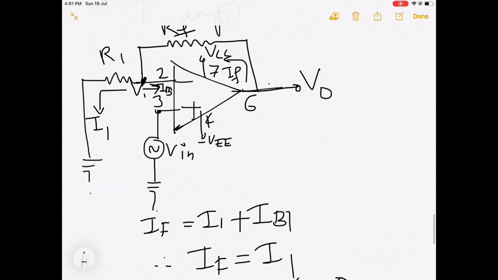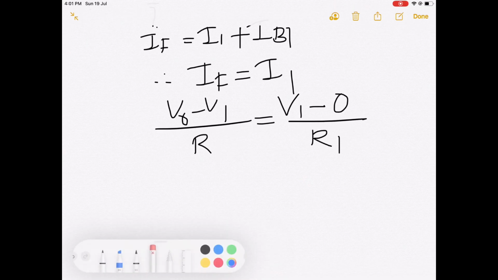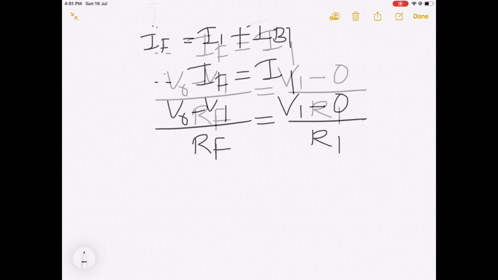Here instead of R1 there should be RF, this happened by mistake. So, here it should be RF: VO minus V1 by RF.